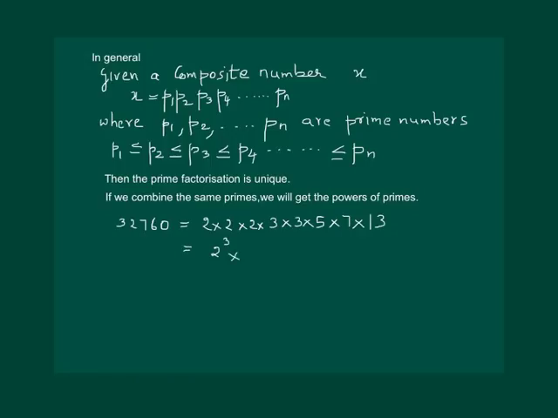If we combine 3's, we get 3 square. There is only one 5, one 7 and one 13. So here we must notice that once we have decided that the order will be ascending, then the way the number is factorized is unique.